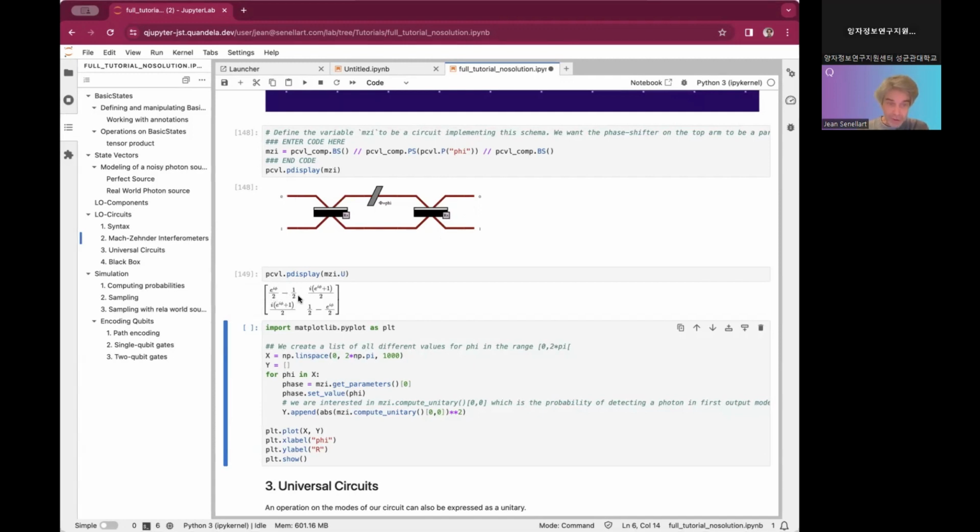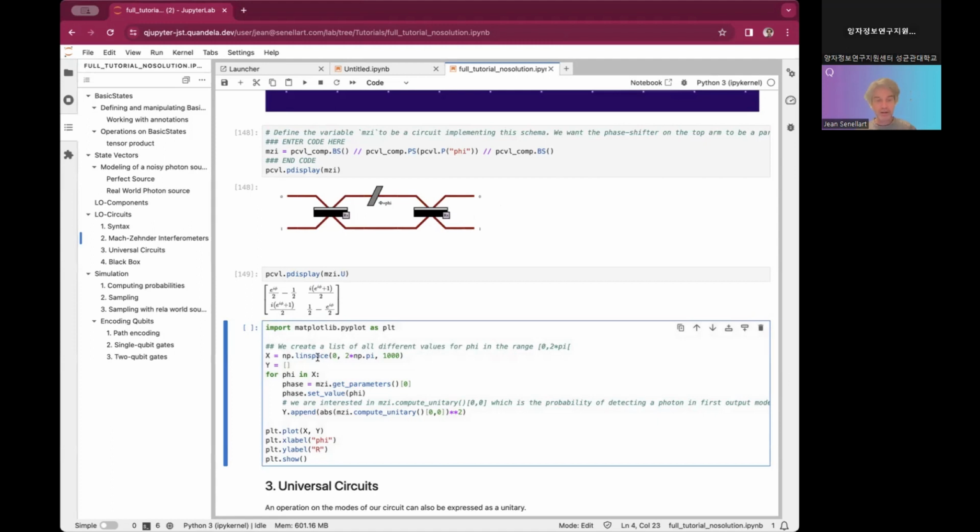So we're taking the permanent of the first cell of the matrix, and the permanent of the first cell is the cell itself. So if you want to know the probability of getting the light going on the mode 0, if we send the photon on the mode 1, then we can just take the square of the norm of this cell that will give us the probability. So it is what we are doing here.